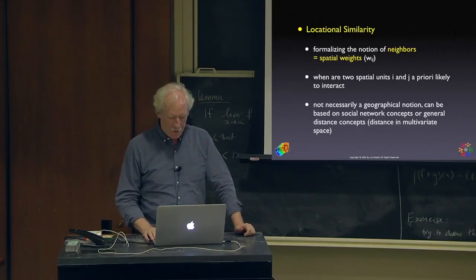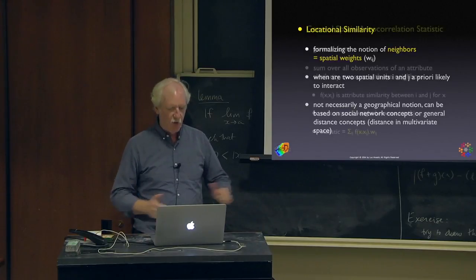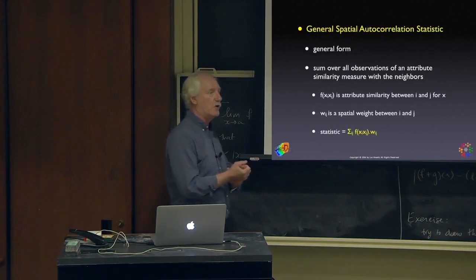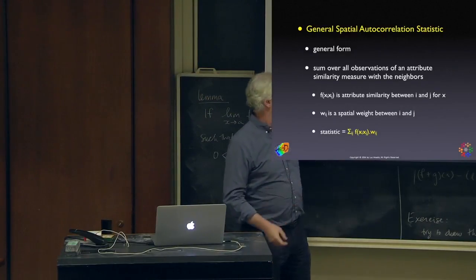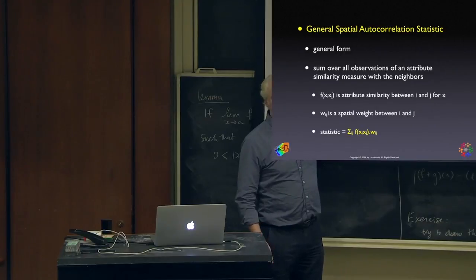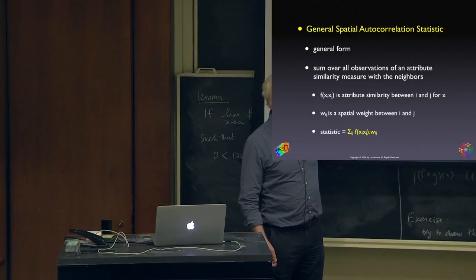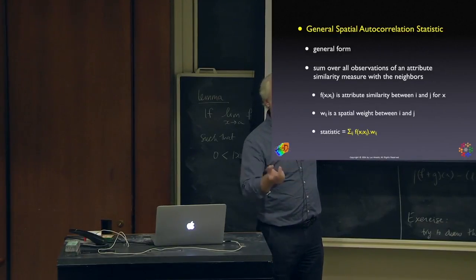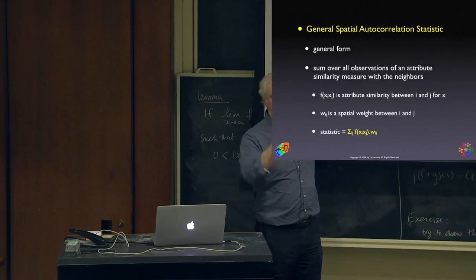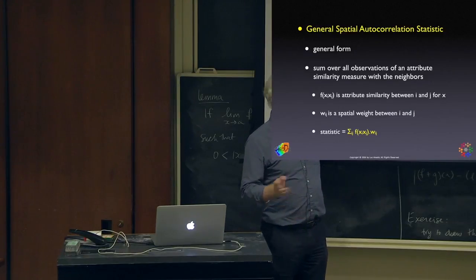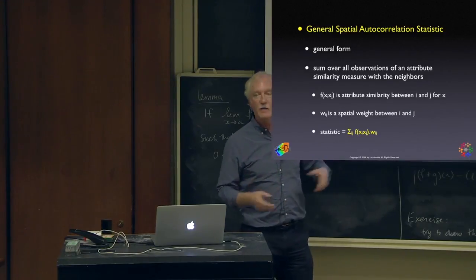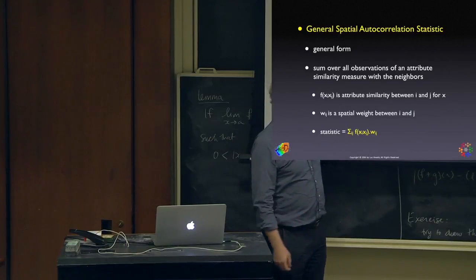So then finally, the general form of any spatial autocorrelation statistic, and there are many, is typically a double sum, a sum over all the pairs. And when you sum over all the pairs, there's some double counting because you take i, j, and then j, i. So oftentimes you'll see that these statistics are divided by 2, because you count everything twice.